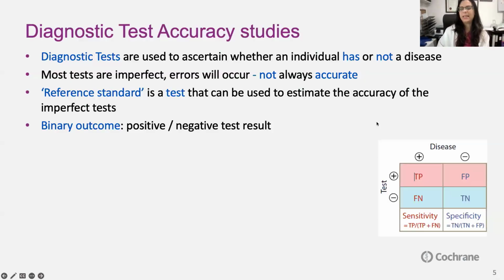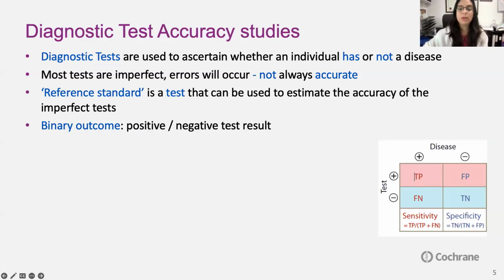So I will start by saying that the diagnosis of a medical condition is an important step in healthcare decision-making. Diagnostic tests are used to indicate whether an individual has or does not have the disease. Most tests are imperfect, right, in discriminating between the patients with or without the disease. And that's why we need to evaluate their diagnostic accuracy.